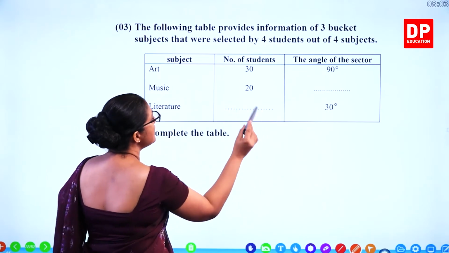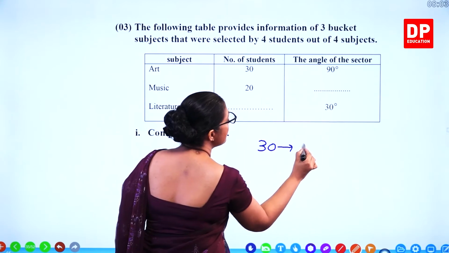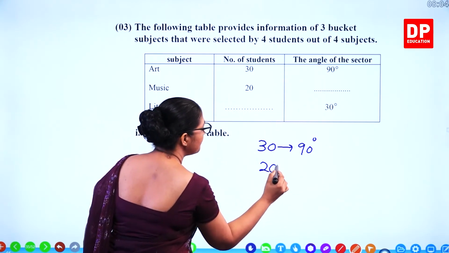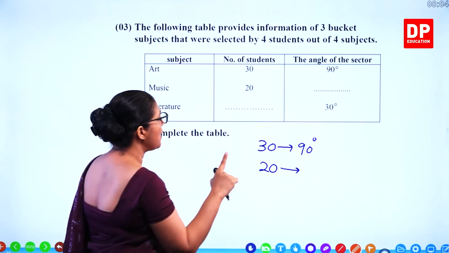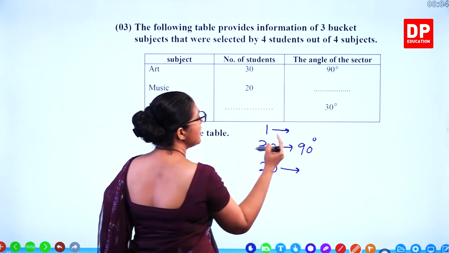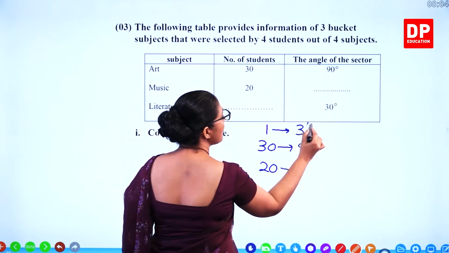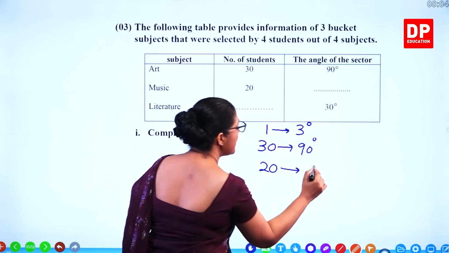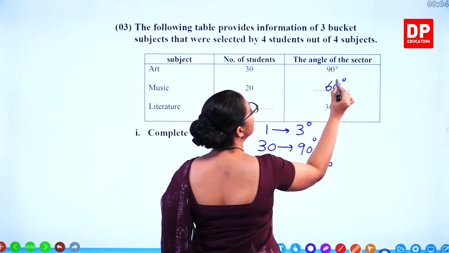So when you complete the table, it says 30 means 90 degrees. You need it for 20. So for 1, you can divide by 30. 90 divided by 30, you get 3. 1 means 3 degrees. For 20, 20 times 3, 60 degrees. So this is 60.